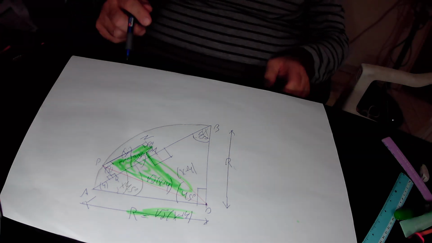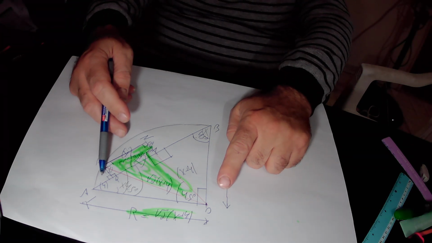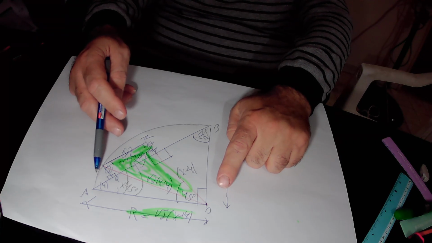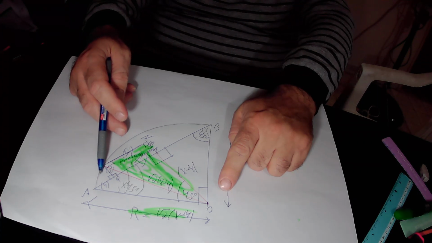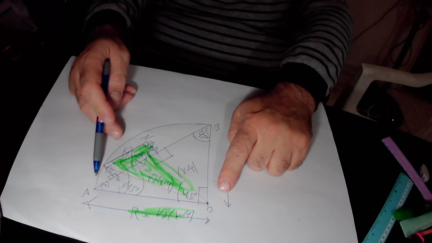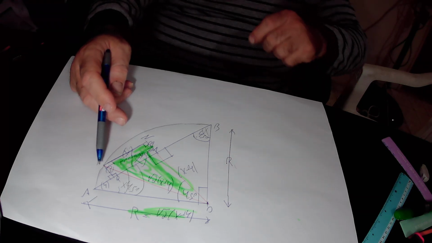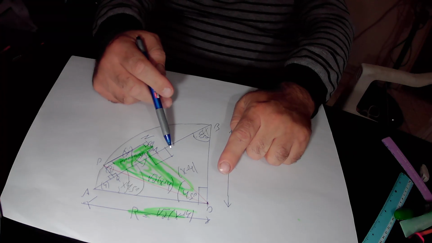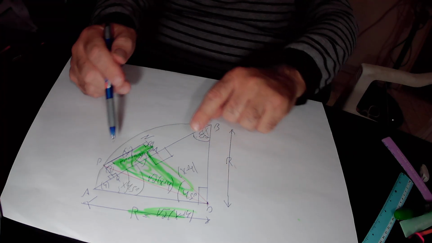The hypotenuse AO is also the radius of this quarter circle, which equals R. Substitute AO by R. Therefore, AO squared equals R squared. And so R squared equals OM squared plus AM squared. OM is X plus 4, therefore OM squared is X plus 4 squared.